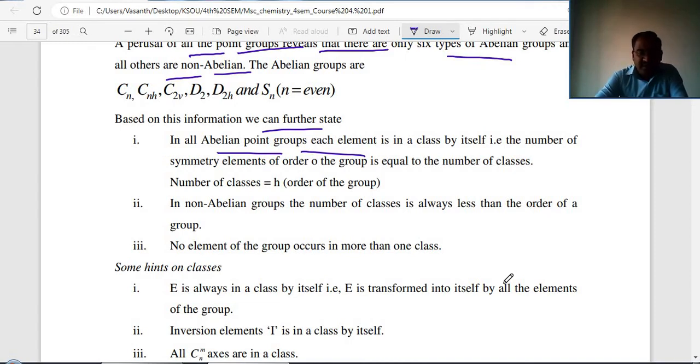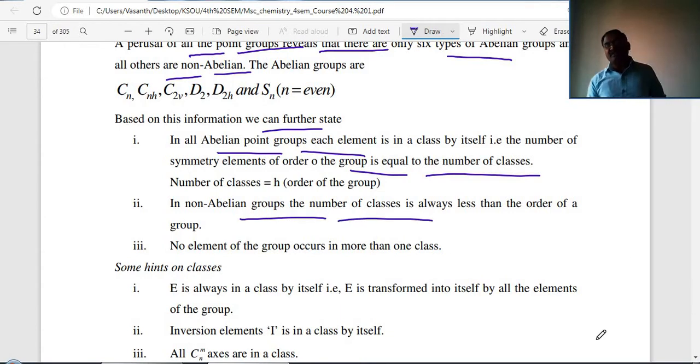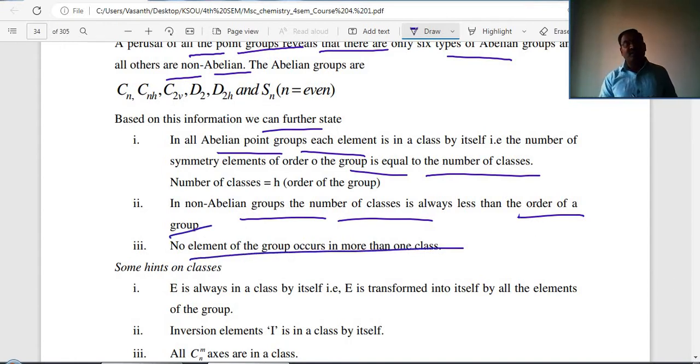The number of symmetry elements, the order of the group, is equal to the number of classes. In non-abelian groups, the number of classes is always less than the order of the group. No element of the group occurs in more than one class.